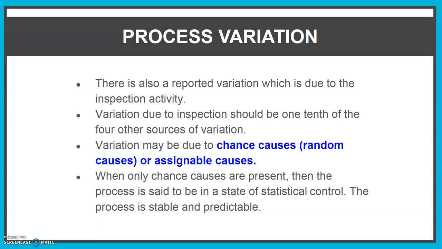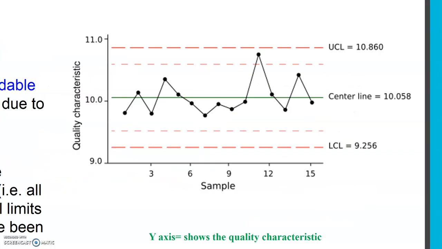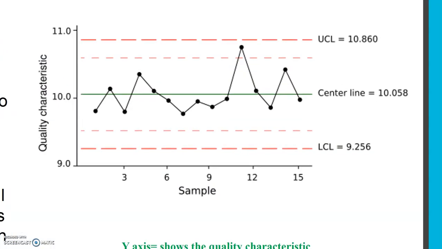The variation due to the natural causes is normally unavoidable, but the operation or the process is still in statistical control. That means the product you produce, the value, that means the quality, is still between the UCL and LCL.